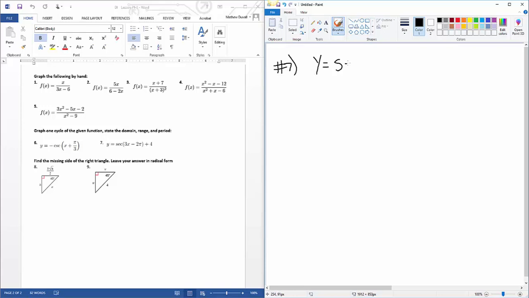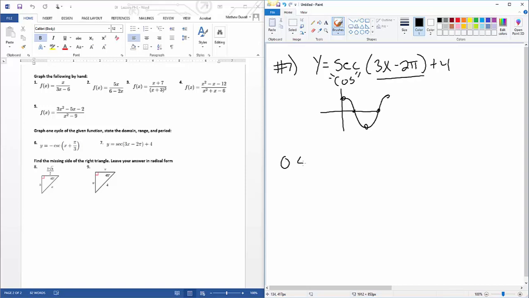y equals secant of 3x minus 2 pi plus 4. Alright, so when we're graphing this, we want to pretend like it's cosine. Cosine means it's going to have this type of shape. And we have to take this and put it between 0 and 2 pi.